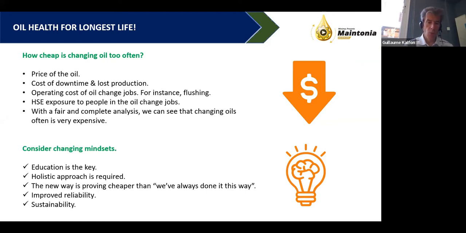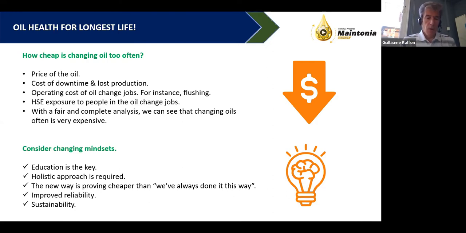Anytime you need to go work in a big way on a machine, you create more jobs for people around large mechanical equipment. And this means more health and safety risk and more health and safety exposure to the personnel. So if we take a step back and we do a fair and complete analysis, we can see that changing oils often is very expensive.